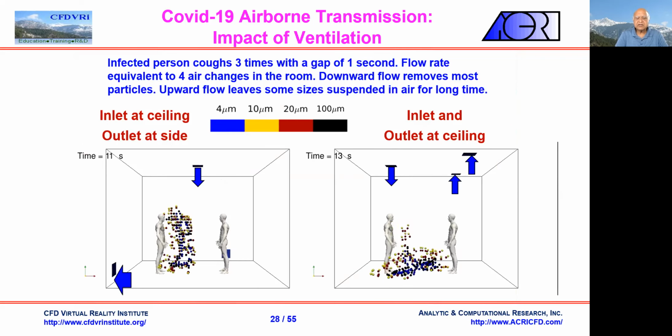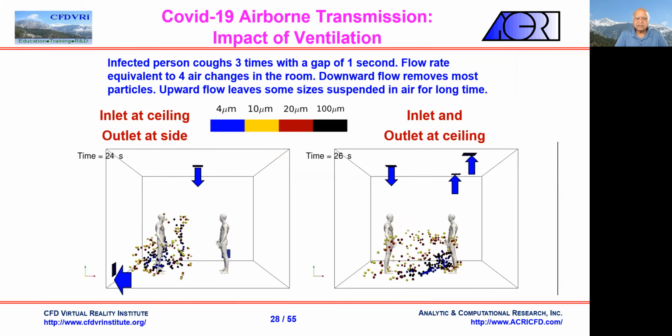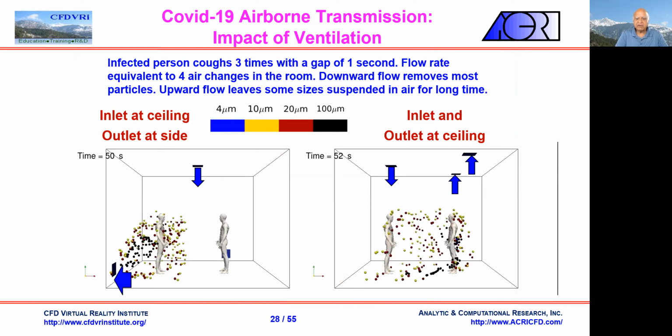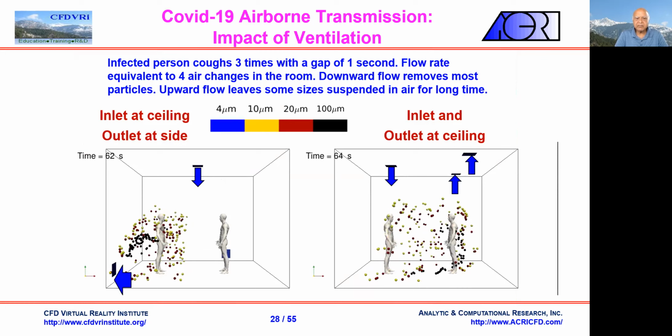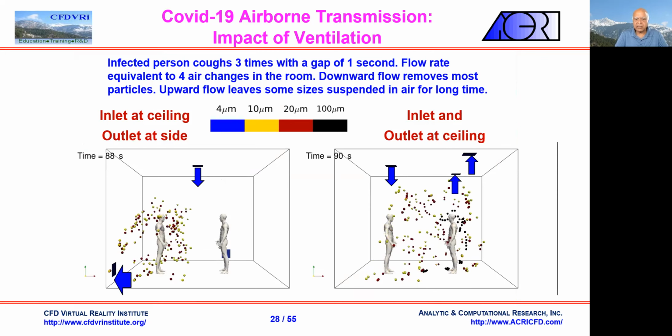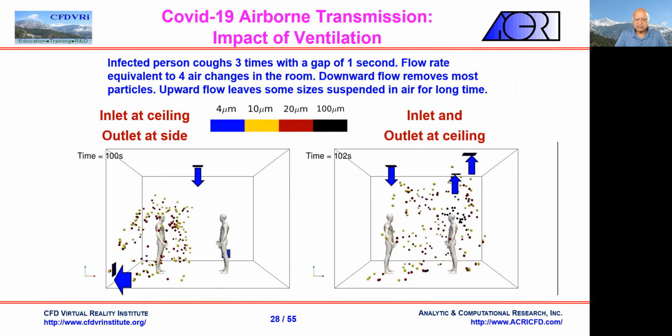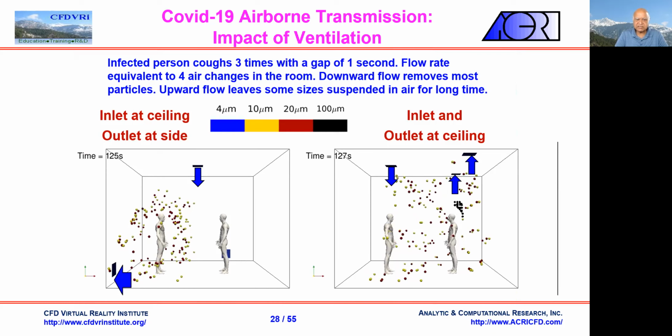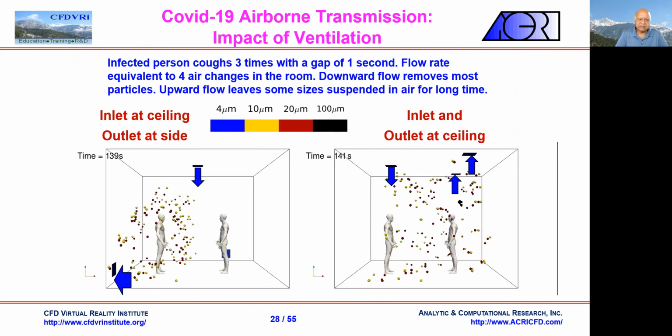Here is a case more pertinent, that of COVID. And the common advice is stay 6 feet away. Well, this shows that that is not always correct. You have two scenarios here. The inlet of the flow is at the ceiling. The outlet is either on the ground on one of the walls, or it's again in the ceiling.